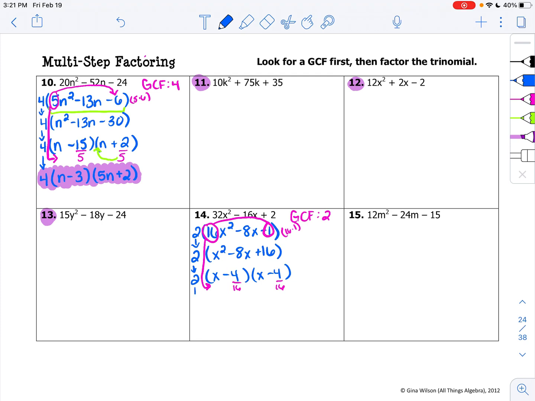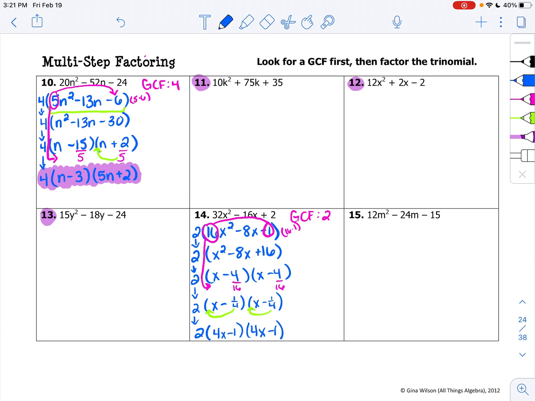Bringing your GCF down. So I know that 4 divided by 16 won't divide evenly, but it can simplify. So that's x minus 1/4 times x minus 1/4. So I need to still take that denominator and push it in front of my variable. So GCF bringing it down, 2 times 4x minus 1 times 4x minus 1.